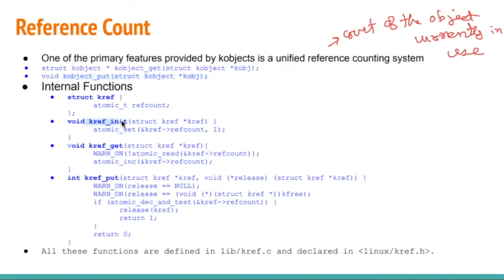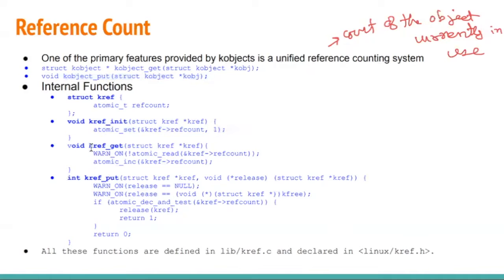Here, if you see, the reference count is just an atomic variable which we can modify. When we reference a kobject for the first time, we initialize the reference count. This is an atomic variable, so we are doing some atomic operations and setting this variable to 1.